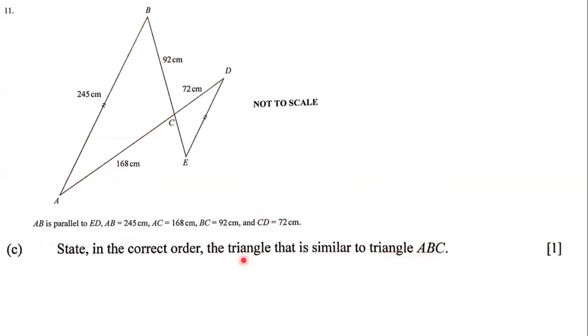Next, it says state in correct order the triangle that is similar to triangle ABC. Notice that these two triangles are similar.